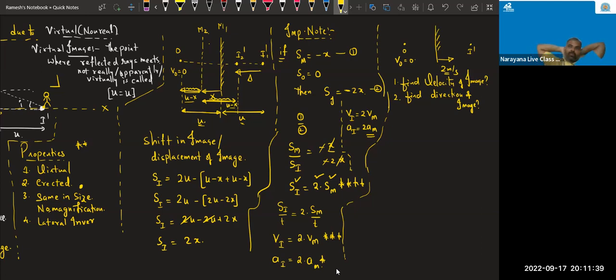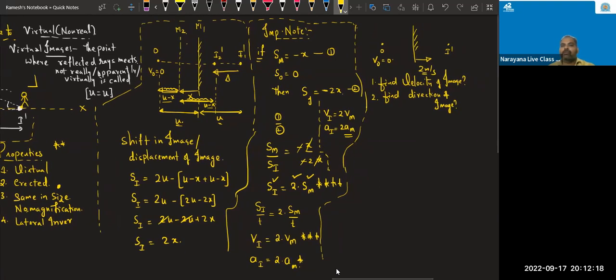Velocity is 4, and positive. Very good. Why?